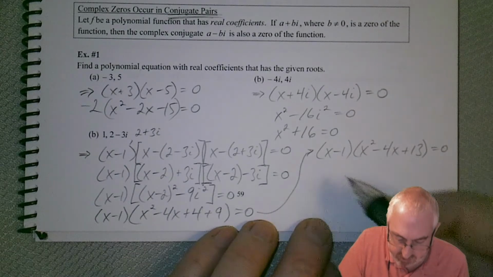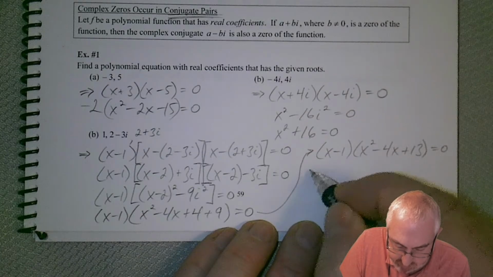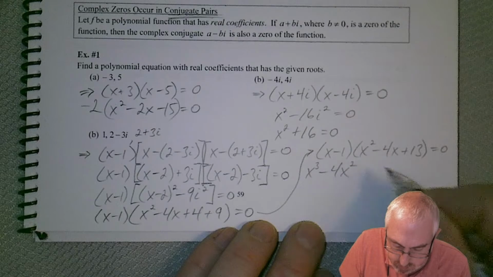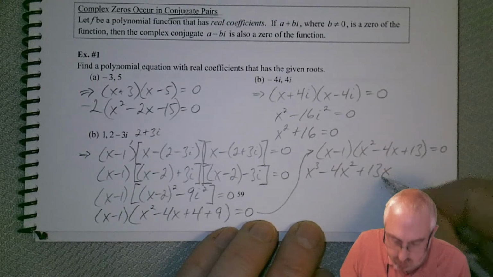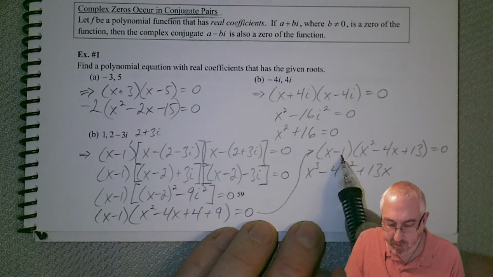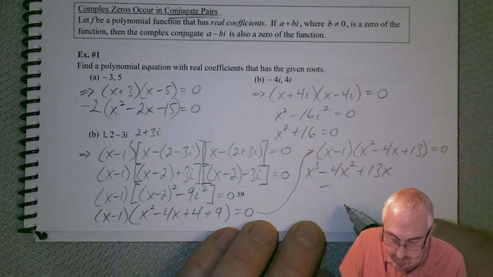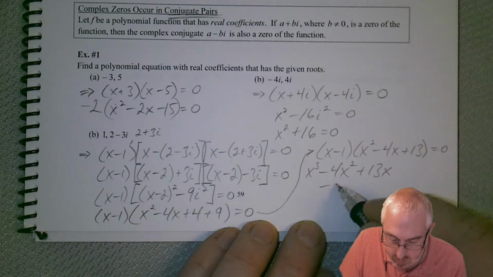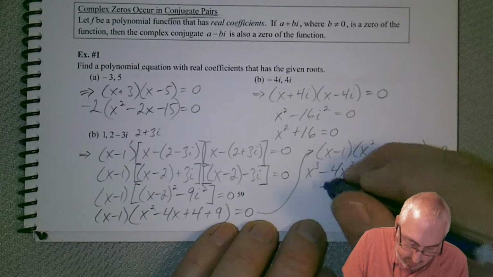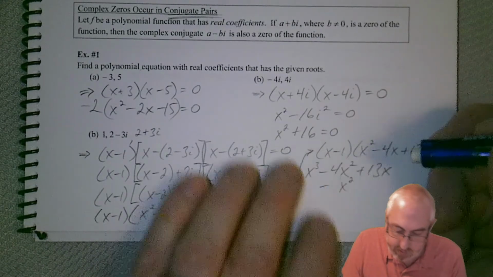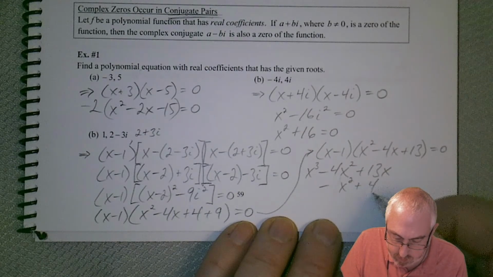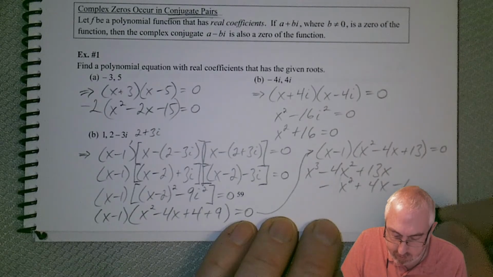So let's finish this off. Let's multiply the x in first. So the x is going to bump up all of those by 1 power. Let's multiply the negative 1 in. So negative 1, whoops, not negative 4, just a negative 1x squared, a positive 4x, and then a minus 13.